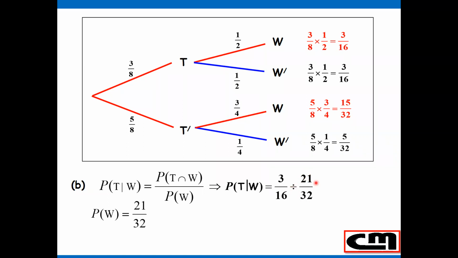Then you substitute the divisor by its reciprocal or inverse. Then it will be 3 over 16 times 32 over 21. Then you do some simplification, you get 2 over 7.